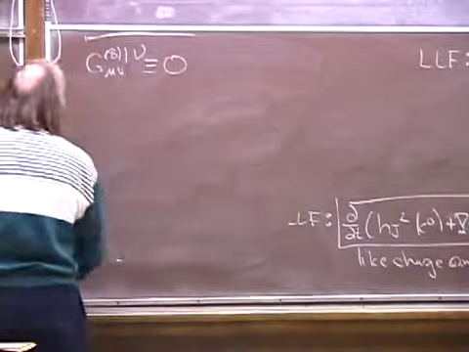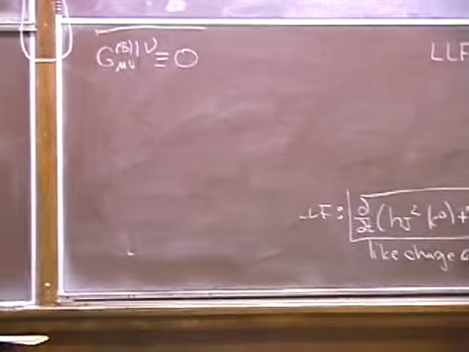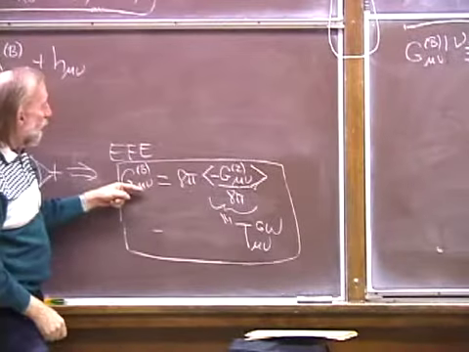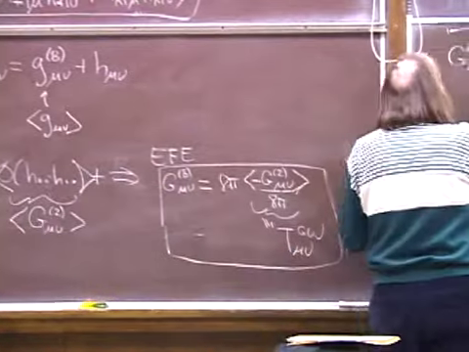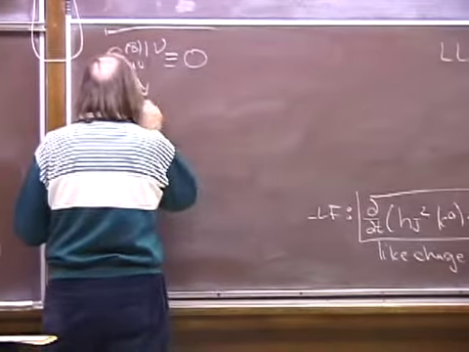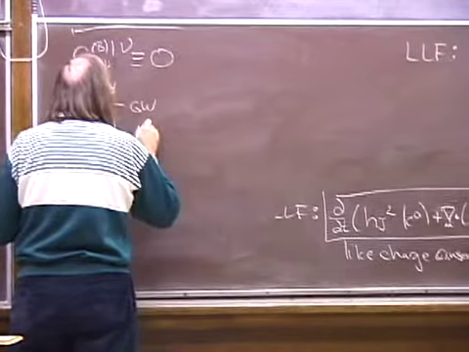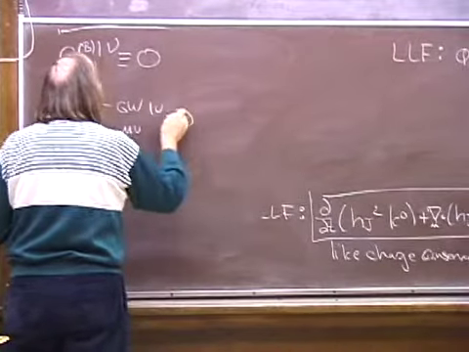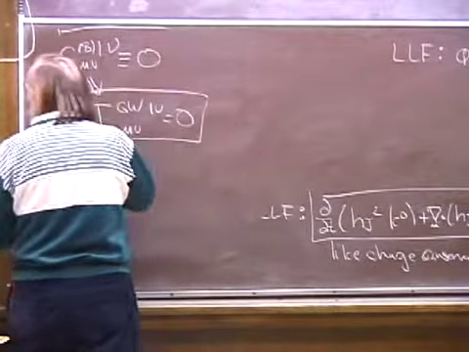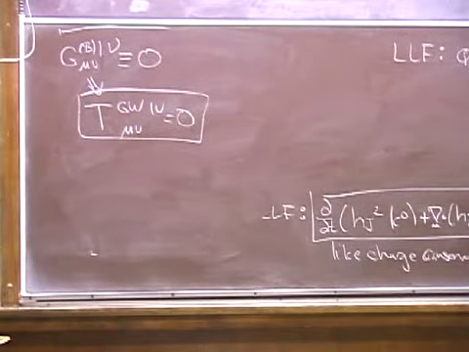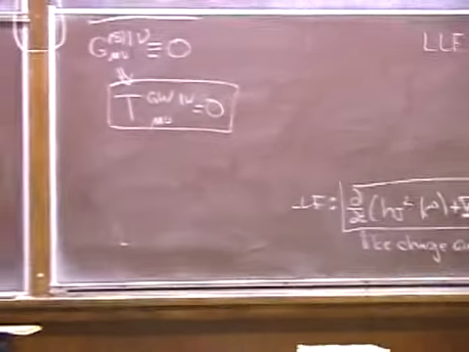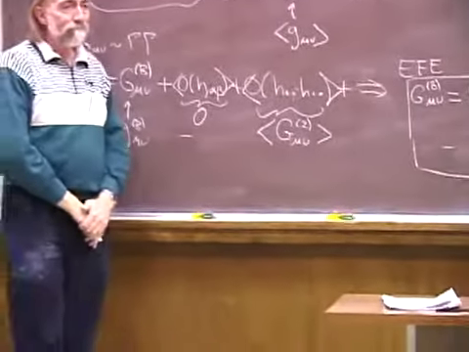And this implies then, by virtue of this way of writing the Einstein equations, as a consequence that T gravitational wave mu nu slash nu is equal to 0. That is, in vacuum, this is all done in vacuum, the energy and momentum of gravitational waves are conserved.